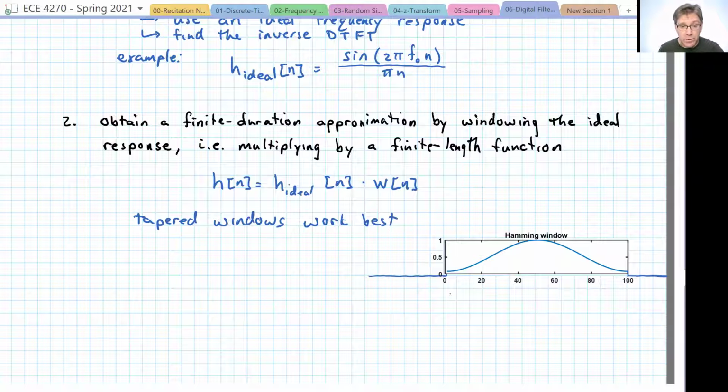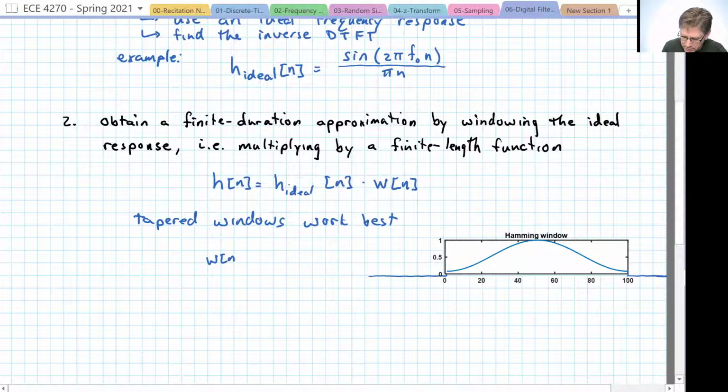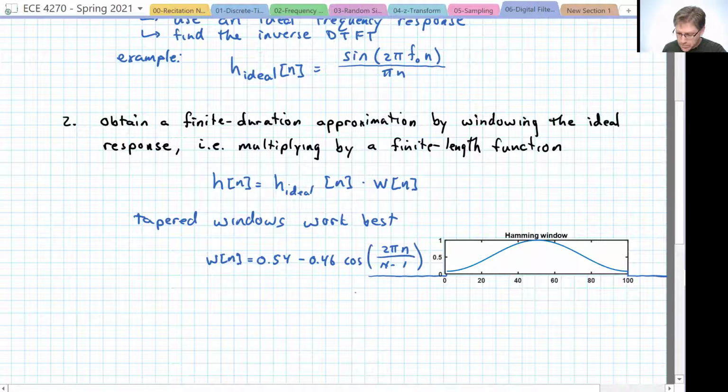The Hamming window, named after Richard Hamming, who gave an interesting talk about various things, how to succeed as a scientist, and as part of that talk he mentioned how to get things named after you. He has the Hamming window, the Hamming distance, and several other things named after him, and that's just for 0 less than or equal to n less than or equal to N minus 1.